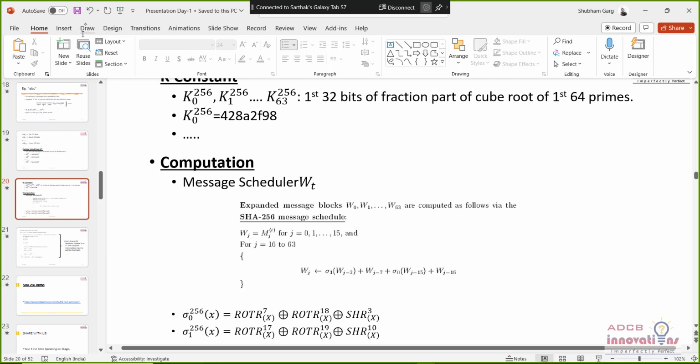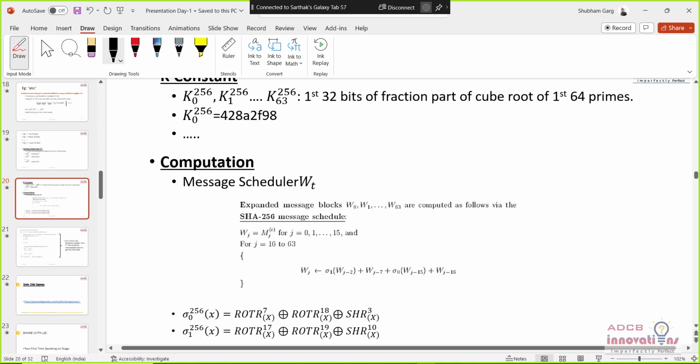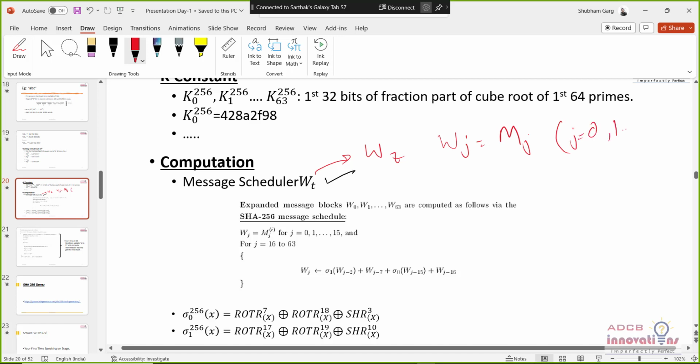Let me use draw here. So here we have our message scheduler, that is WT. As I told you, for the first 16 iterations, 0 to 15, let's say Wj is equal to M of j, that is j is equal to 0, 1 up till 15.